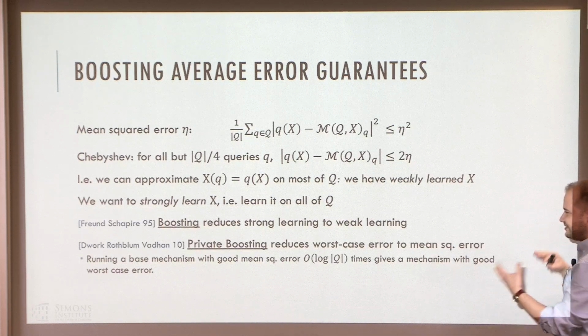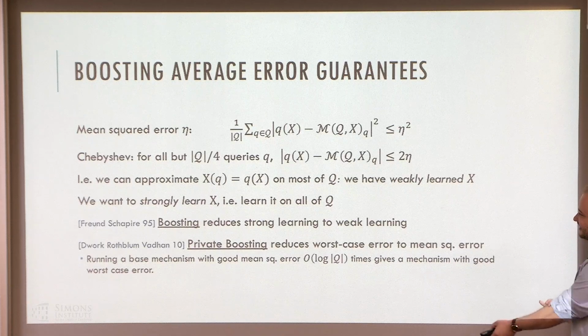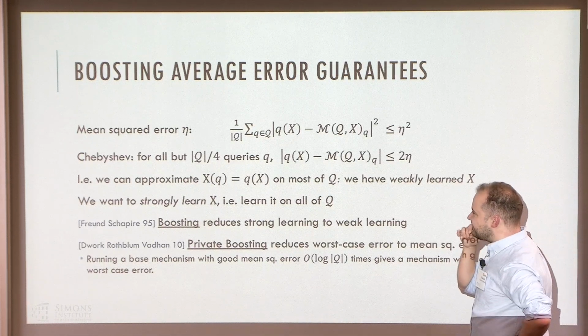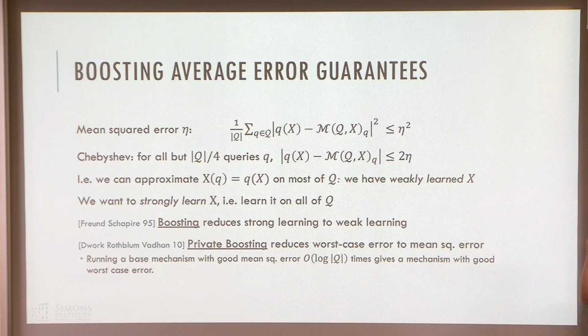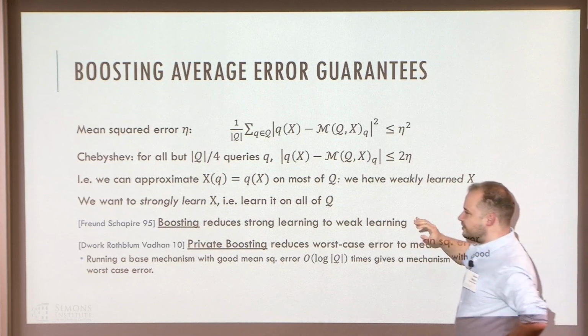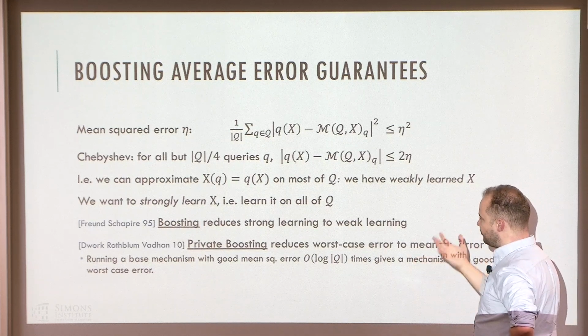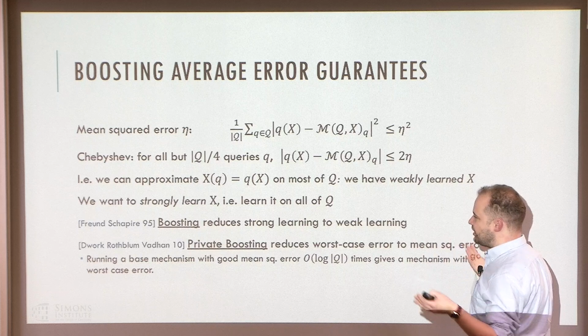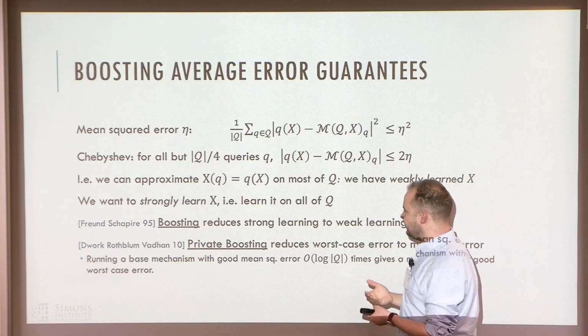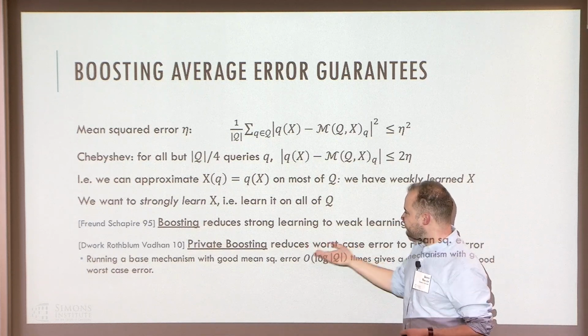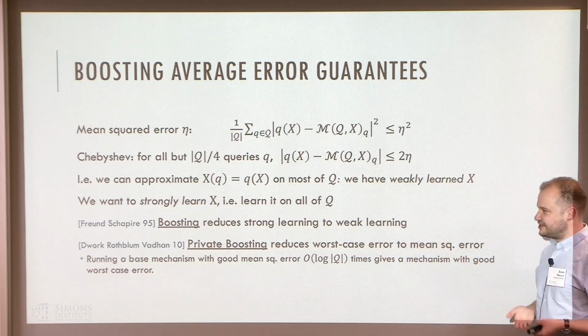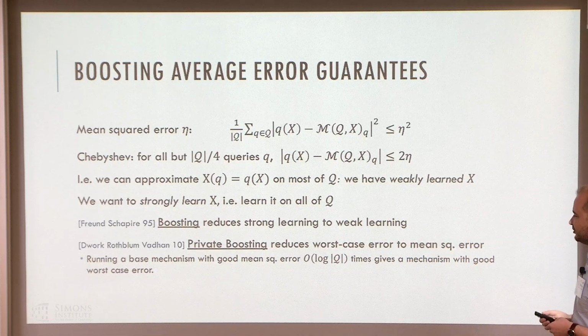And this is very non-technical, right? On a very high level, this sort of reduction of strong learning to weak learning was done by Freund and Schapire back in the 90s, who designed this framework of boosting, which allows you very generically to give strong learners based on having weak learners for some concept class that you're trying to learn.